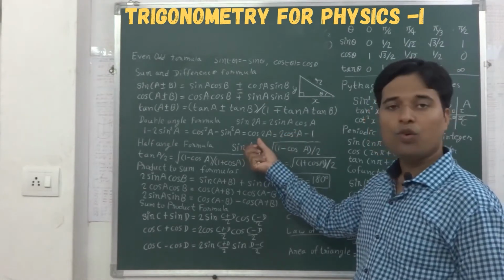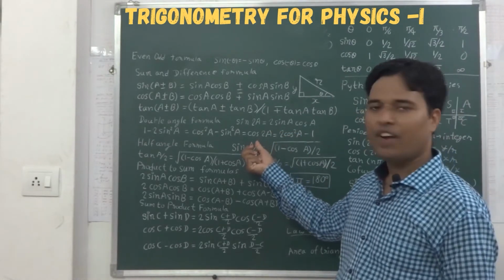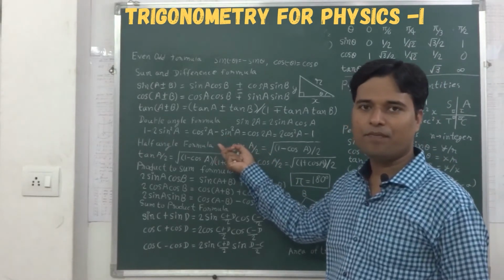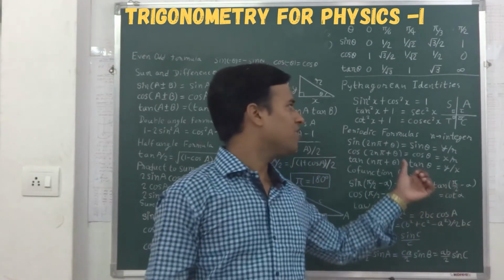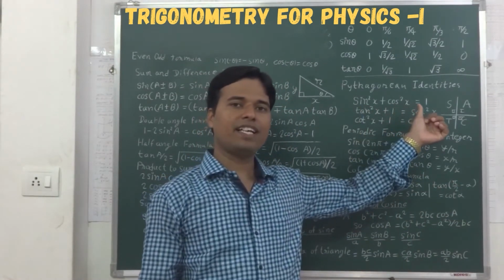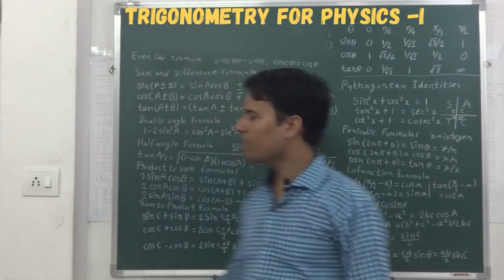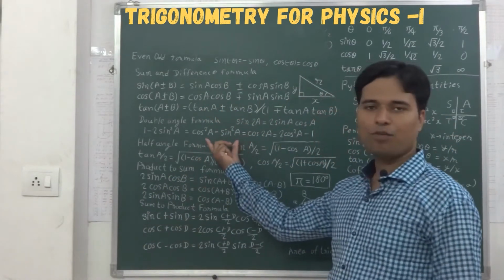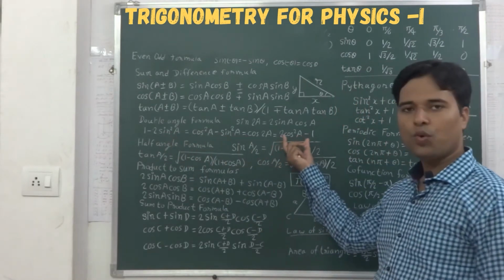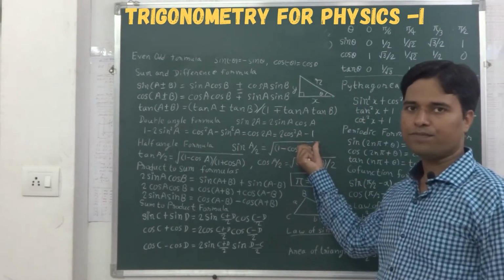For the cos 2a, you will find this formula cos square a minus sine square a, but using the Pythagorean identity, which is written here, sine square x plus cos square x is equal to 1, you can convert this formula into 1 minus 2 sine square a or 2 cos square a minus 1 also.